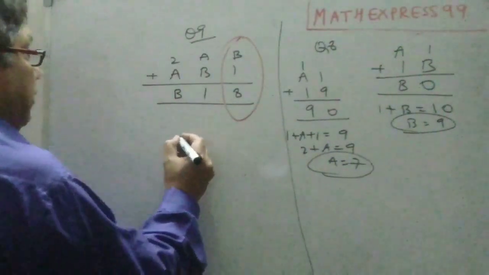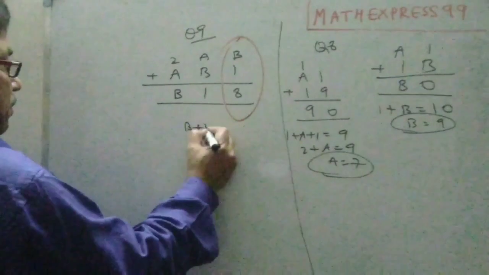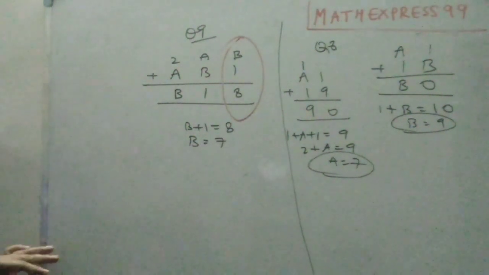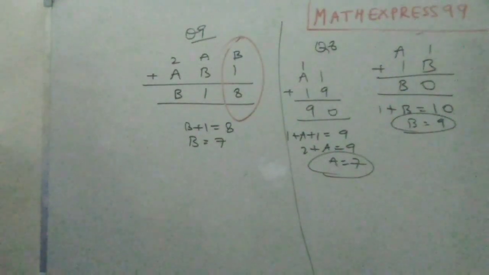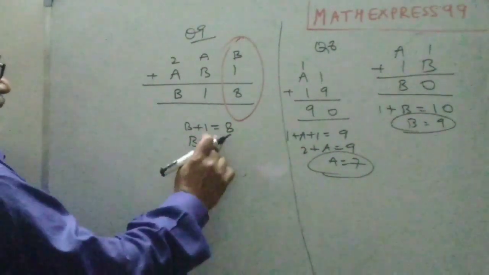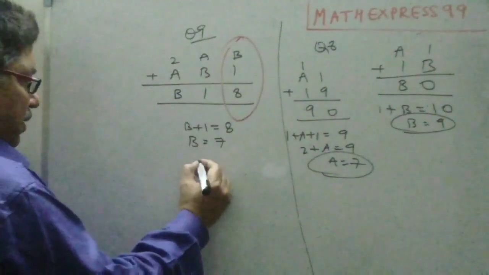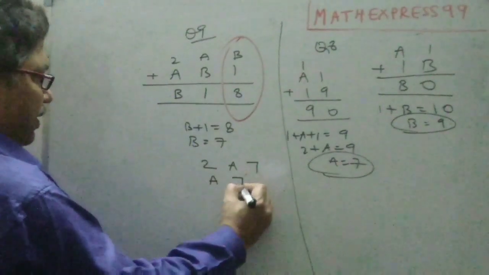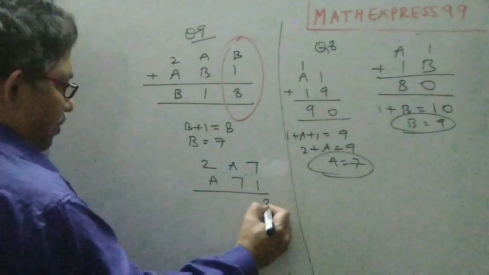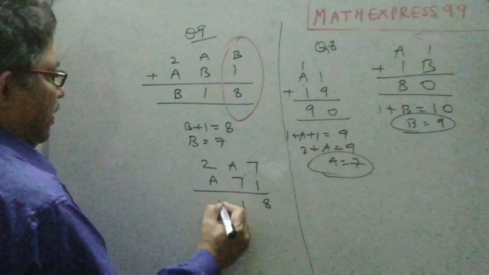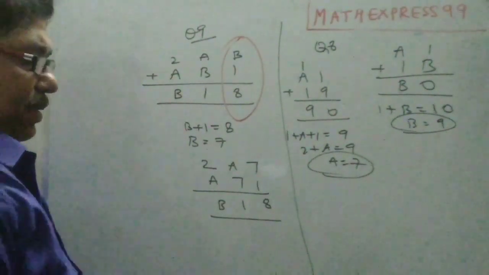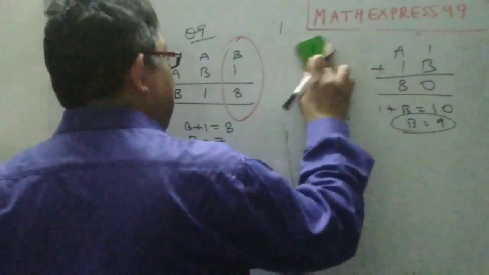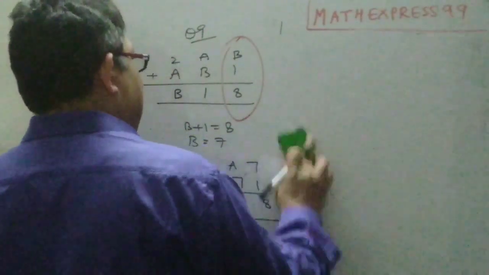B plus 1 is 8, so B is equal to 8 minus 1, 7. That's what we get here. So if this is 7, then this becomes 2A7 and A7, 1. This becomes 8, this is 1 and this is B again. Right. As you keep on getting the numbers, you keep on replacing them so that things become easier for you. This is what it becomes.